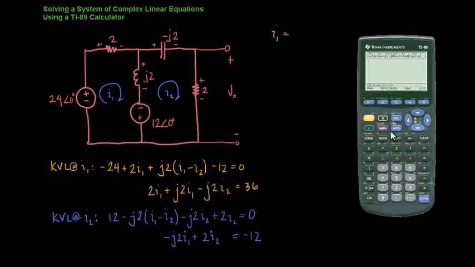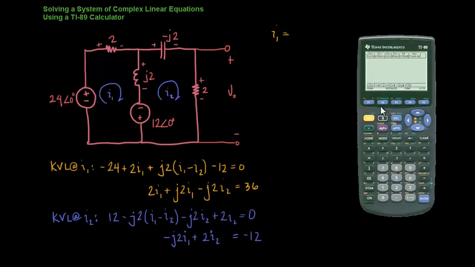Second, there's my i right here. So I click the second button. Okay, and then minus 2y i, and that is equal to 36.